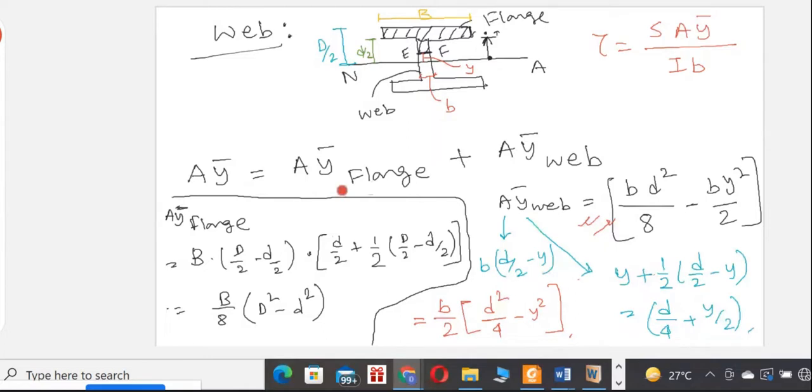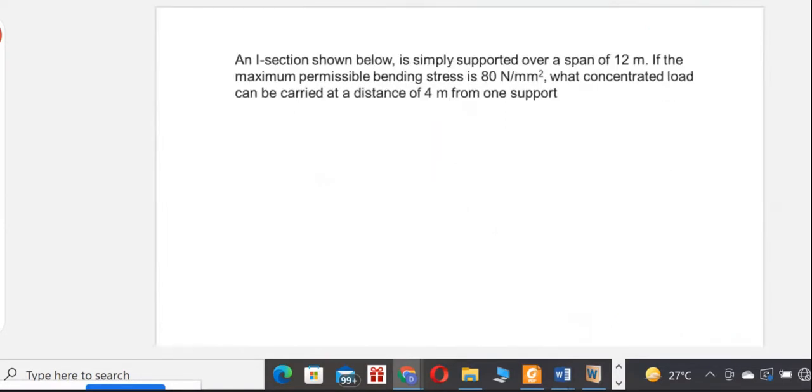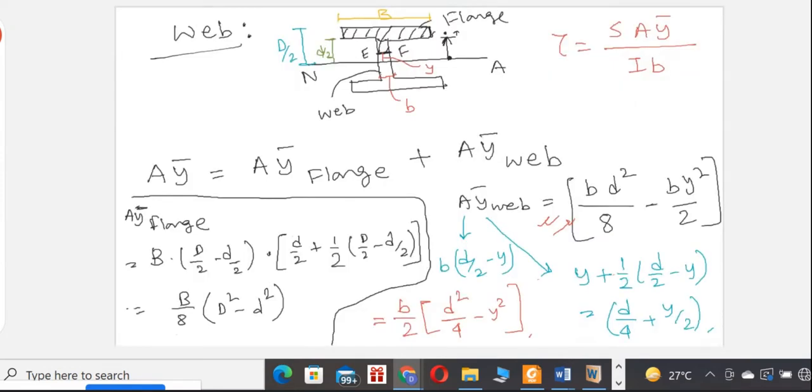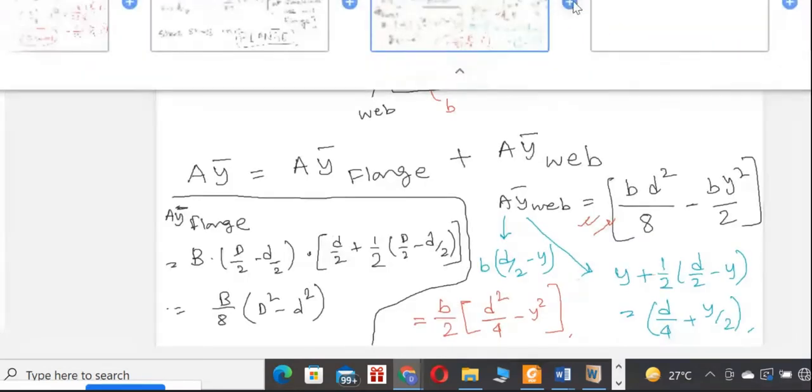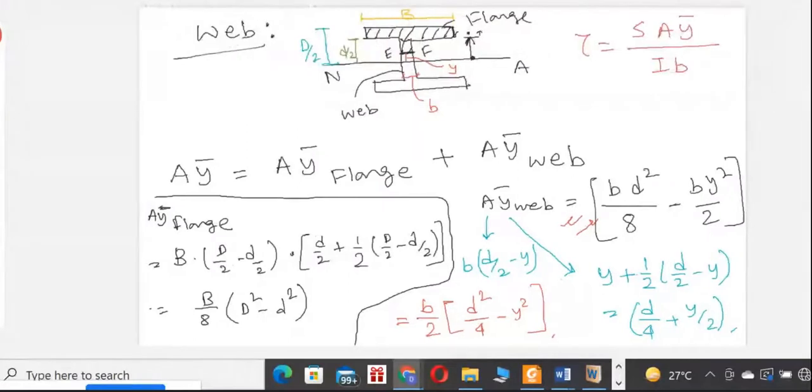So now we have individually calculated this A y bar both for the flange and the web. Now we will sum it up. So A y bar is basically A y bar flange plus A y bar web.